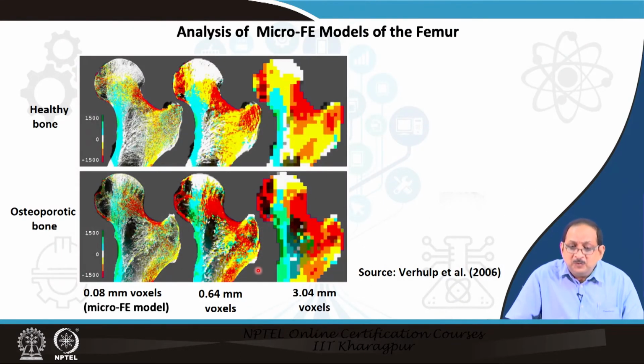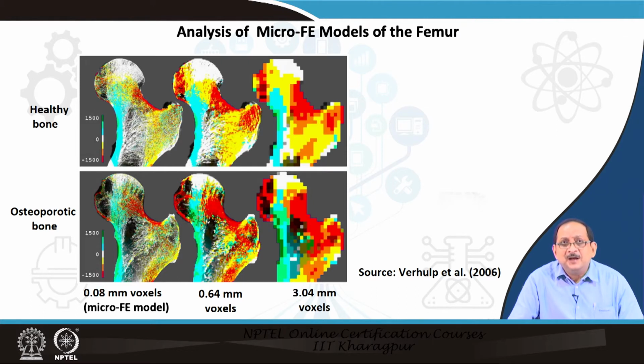Let us consider more in detail the study by Verulp et al. 2006. So, he considered two types of micro-FE models, one from the healthy bone, the other from the osteoporotic bone.